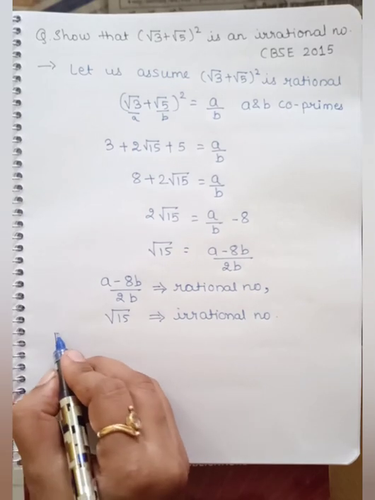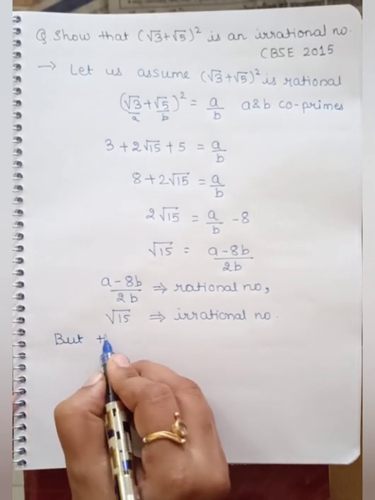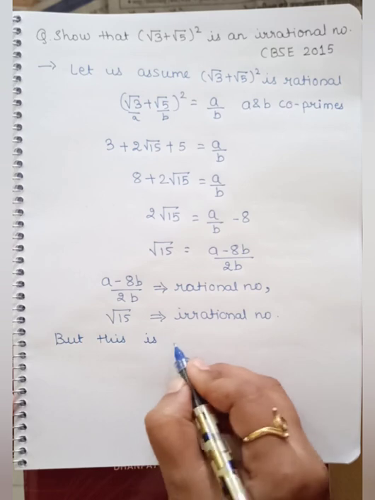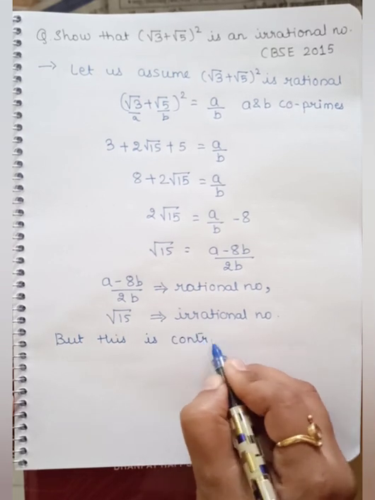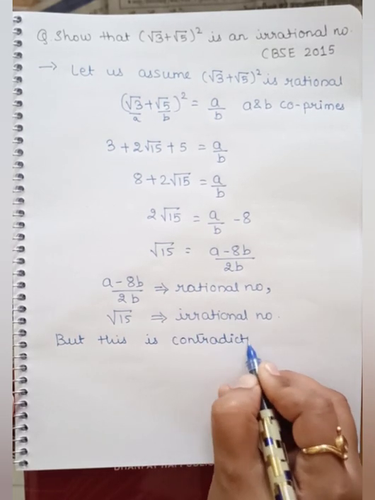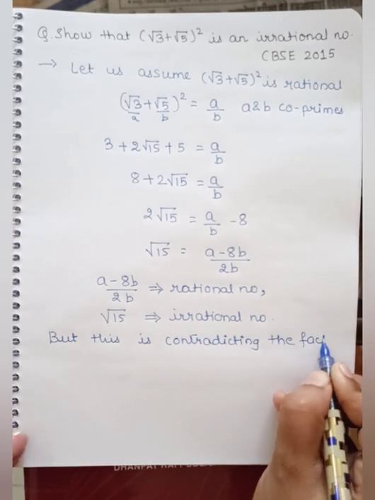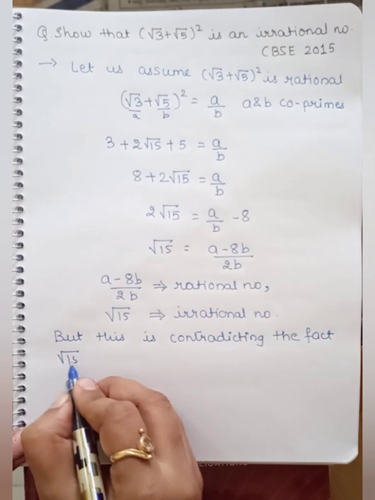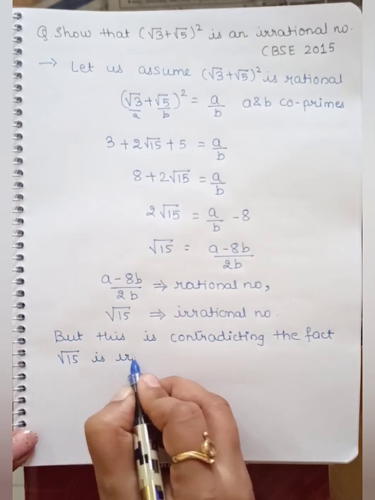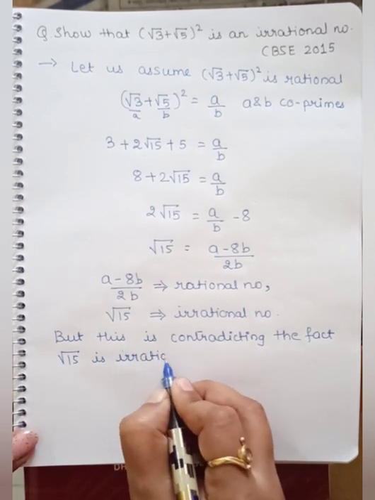The same statements, but this is contradicting the fact. Which fact? That under root 15 is irrational, because we are getting a rational value on the RHS.